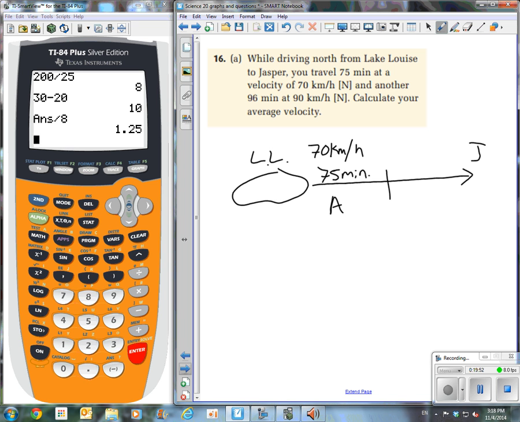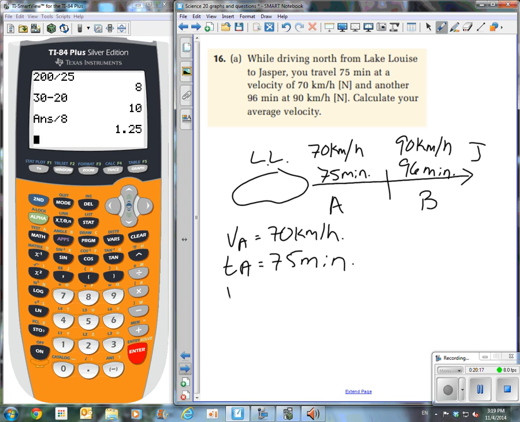And then I've got portion B at 90 kilometers per hour, where I am traveling for 96 minutes. So calculate my average velocity. I've got the velocity of A is 70 kilometers per hour, the time for that is 75 minutes, the velocity of B is 90 kilometers per hour, and the time for portion B is 96 minutes.